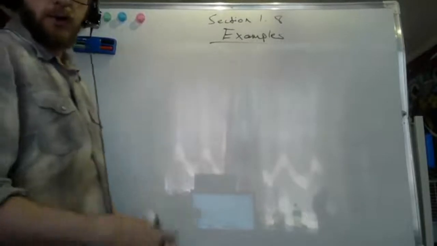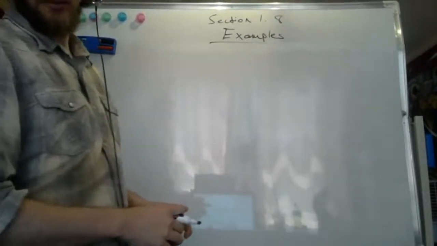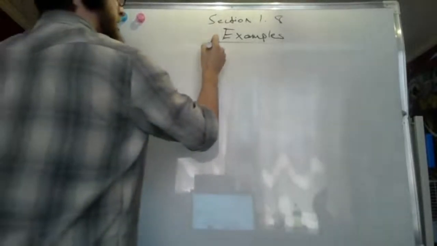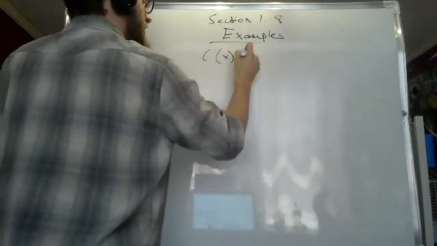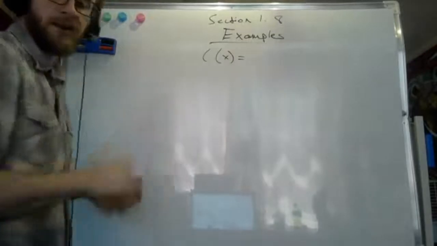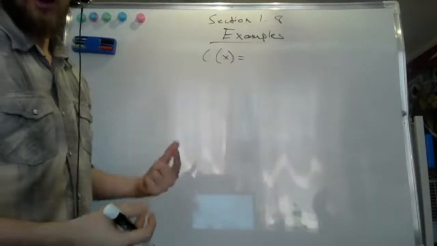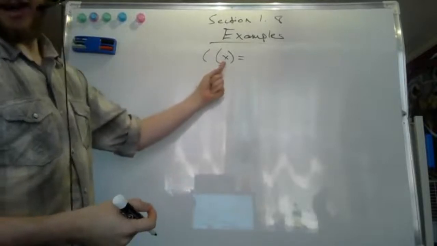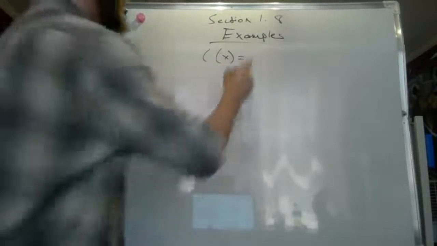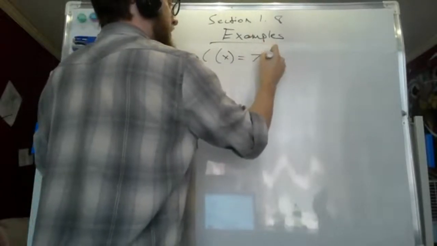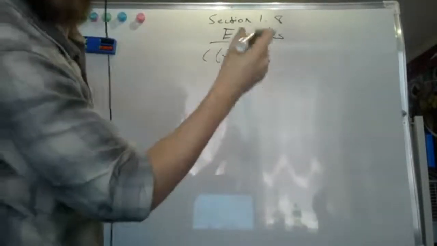So the question starts, suppose that a company has determined that the cost, so that's the key word there, we're given our cost function, or something like it. They've determined that the cost of producing X items is, so that's equals, $73 per item.